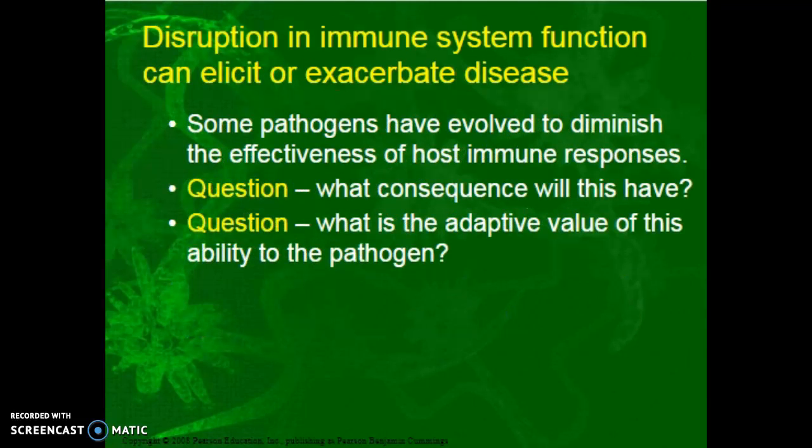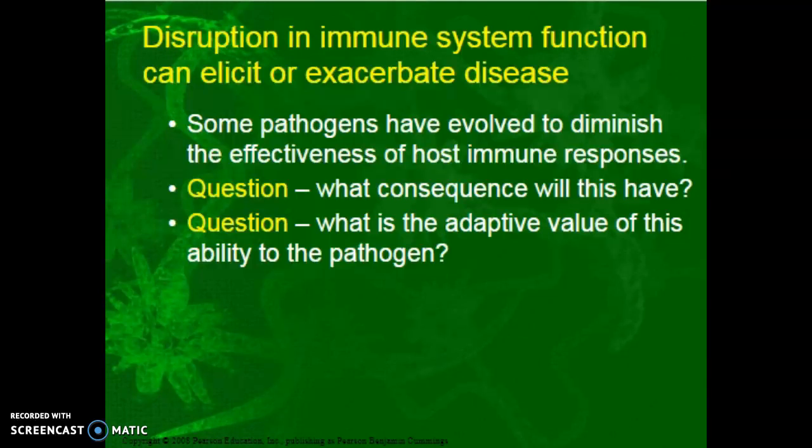So disruption in immune system function can cause or make worse a disease. Some pathogens have essentially evolved to make our immune responses weaker. So what consequence will this have, and what's the adaptive value to the pathogen? Well, think about something like HIV that suppresses our immune system.